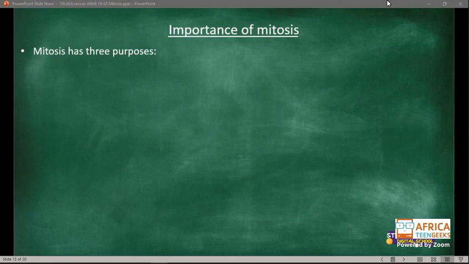So I'm going to unmute some of you. Give me the answer. So Tyrese went silent yesterday. I'm not going to unmute you again today. So Tyler, an example of mitosis in our everyday lives.